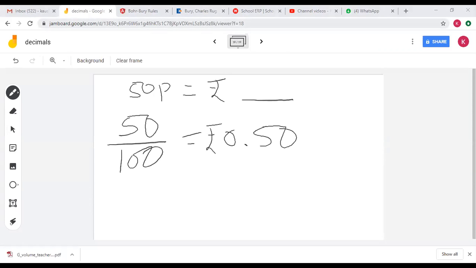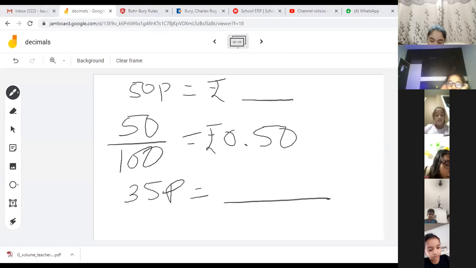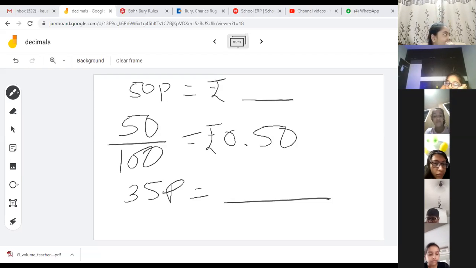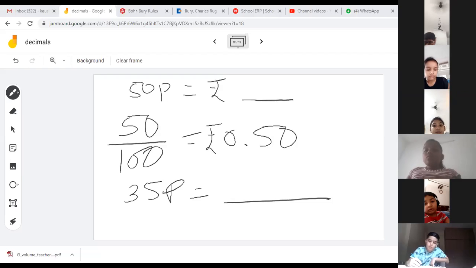So if I say 35 paise, then how many rupees will it be? Come on. You have to do it on your own now. Do it fast. All you have to do is divide by 100, and in decimal, you have to write. Come on, do it. Slok Kangar, do it fast.